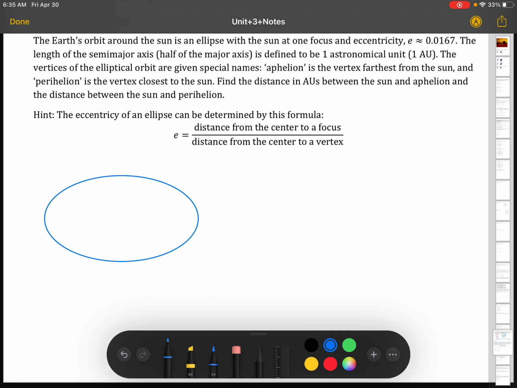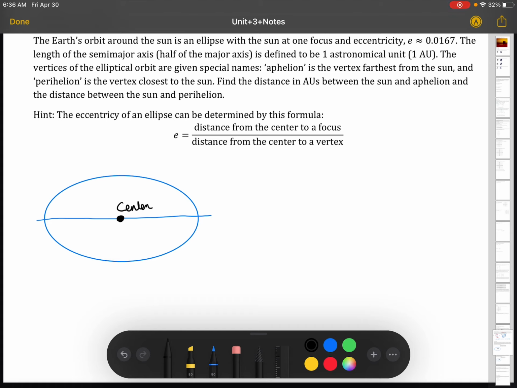So if we go all the way across the ellipse, then interior to this, we'll say this is the center right here. That point is our center.